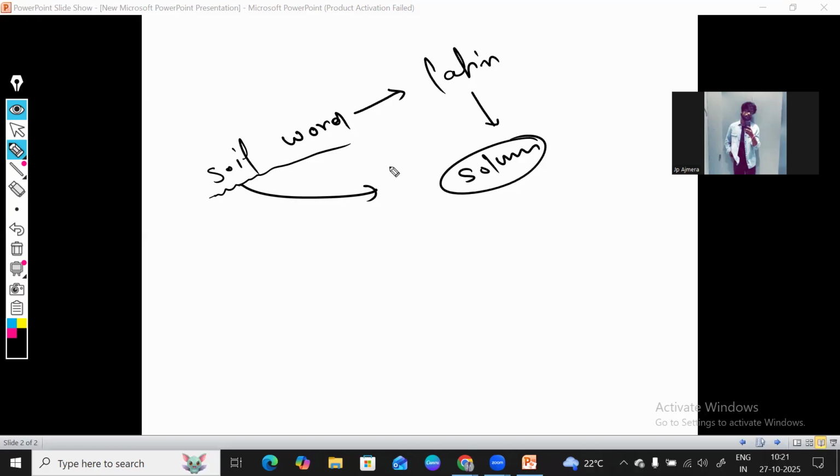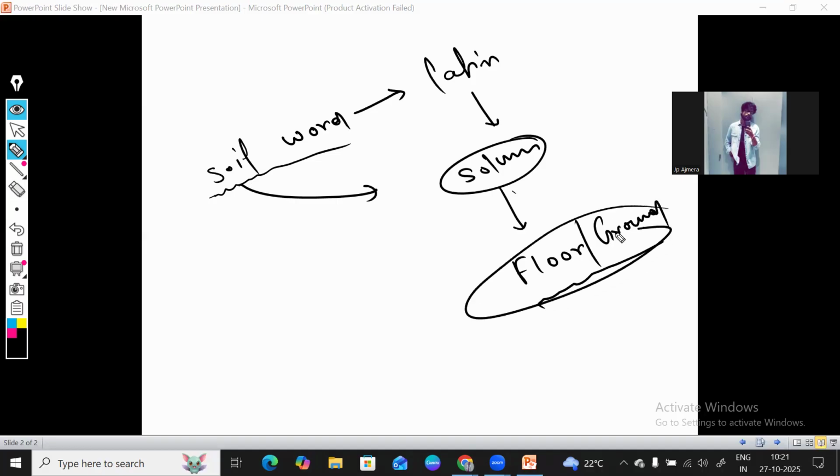And what does solum mean? It means the floor or ground that we all have in our homes. Let's repeat again: the word soil comes from the Latin word solum, and solum means floor or ground. I hope it's clear to you.